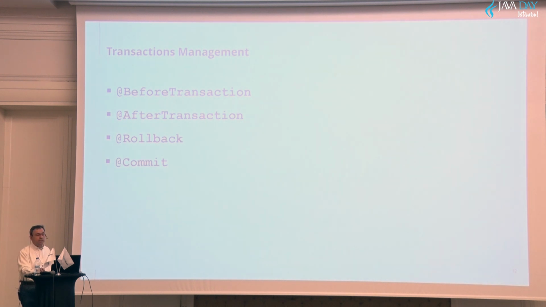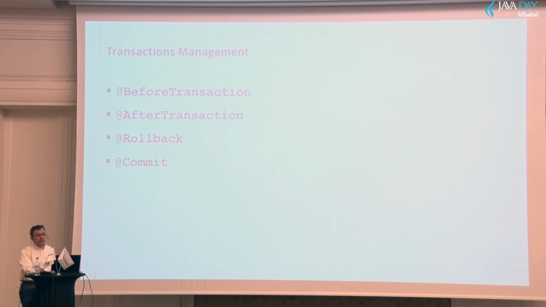I can manage here my transaction using this before transaction, after transaction annotations. By default, a transaction in a test is rolled back because its role is to be executed to allow the checking and at the end to leave things clean behind it.